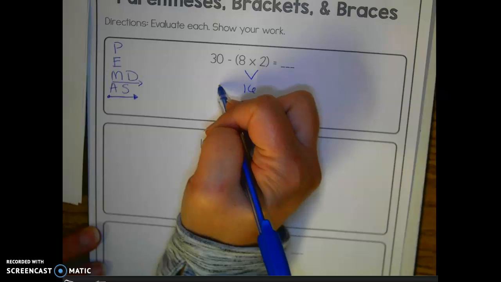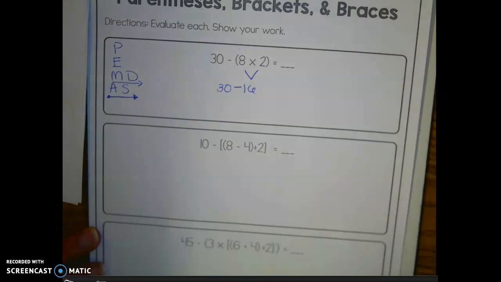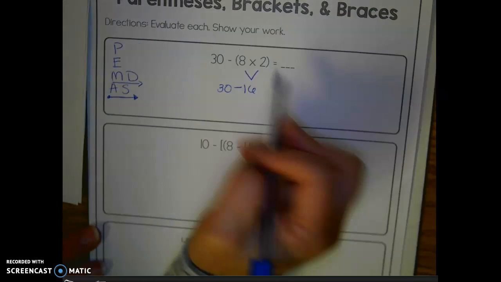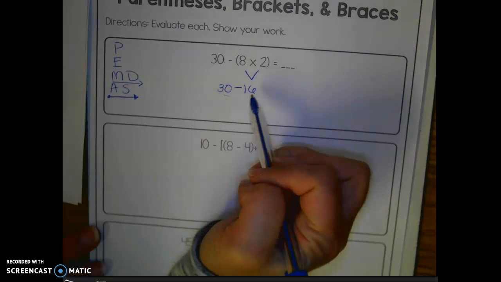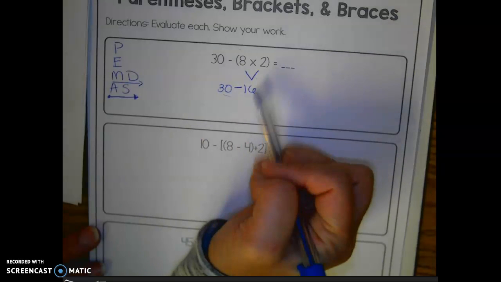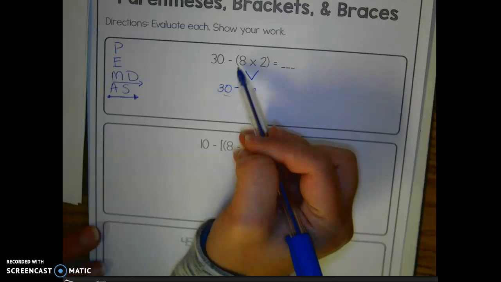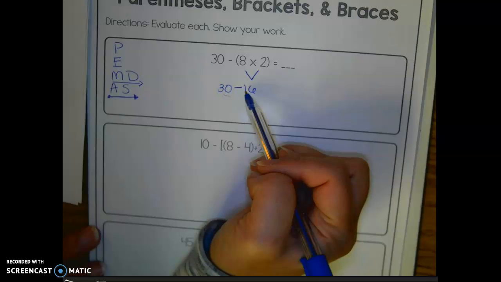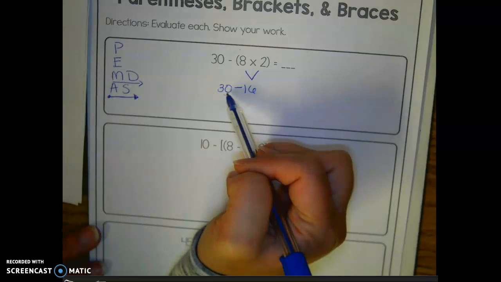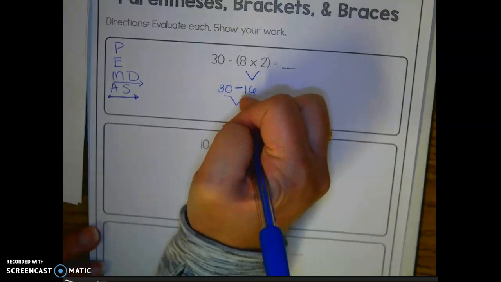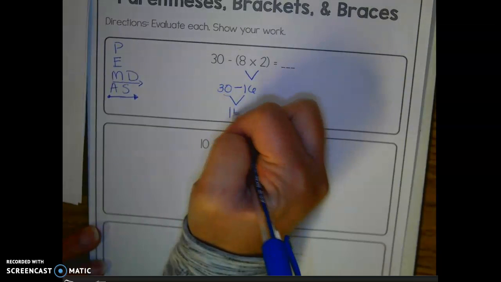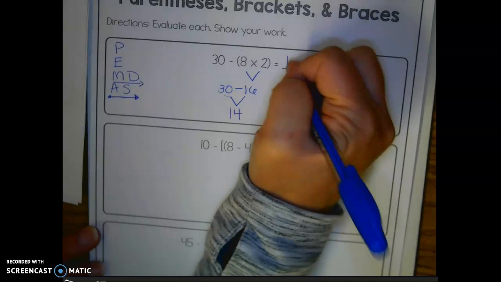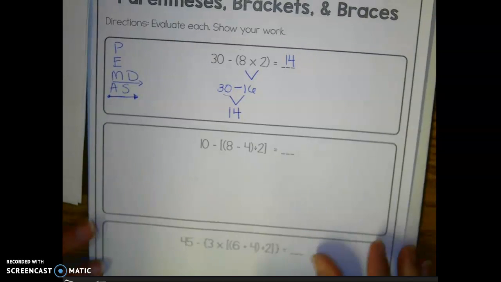And then we're going to continue rewriting the entire expression just like we see it, but instead of writing 8 times 2, I'm going to write 16. And because I've solved everything inside the parentheses, I'm going to drop the parentheses, okay? So now I can subtract 30 minus 16, and that is 14. So when we simplify this expression, we get 14.